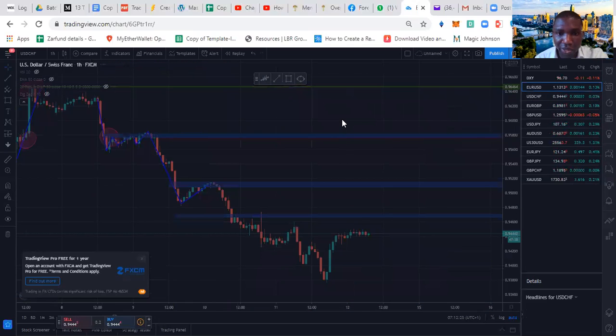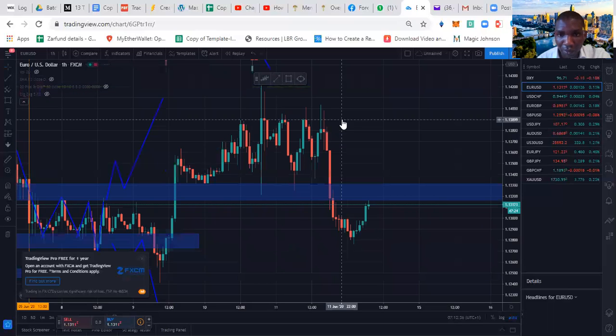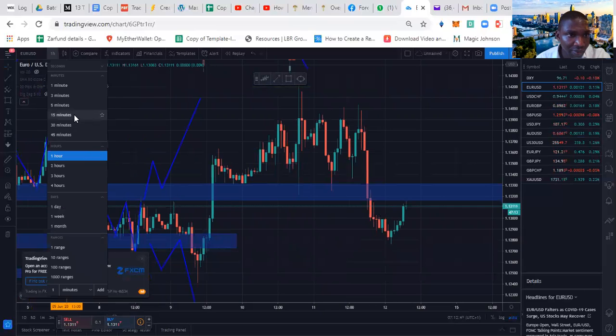Let's start with Euro USD. Okay, so this is Euro USD, and this is the trade I gave out last night. The trade has not triggered yet. Let's look at it.